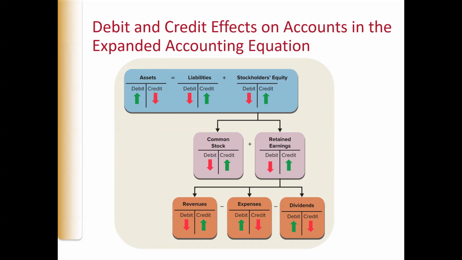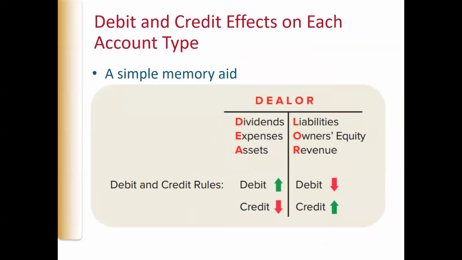But since expenses and dividends decrease our retained earnings, then we know their normal balances are going to be debit balances, which means they increase with debits and they decrease with credits. This slide right here would be really important for you guys to print out and to have beside you whenever we're working on transactions. This is a great aid.